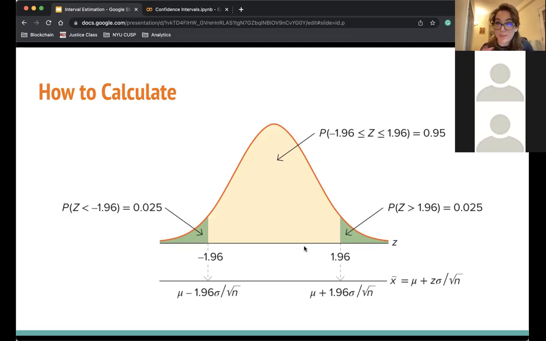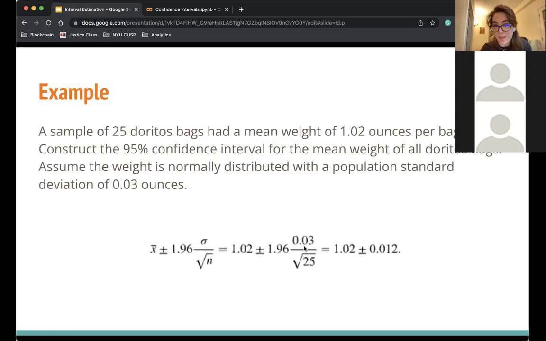And so that's why we subtract that margin of error from the left and add it to the right, so that we can say plus or minus to account for that standard deviation in weight. Does that answer your question?